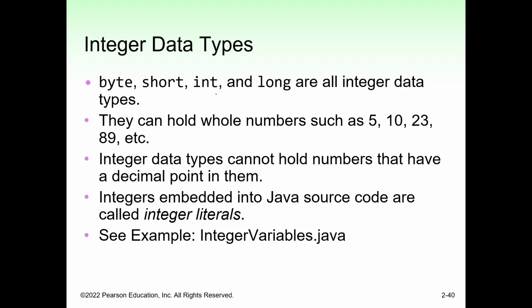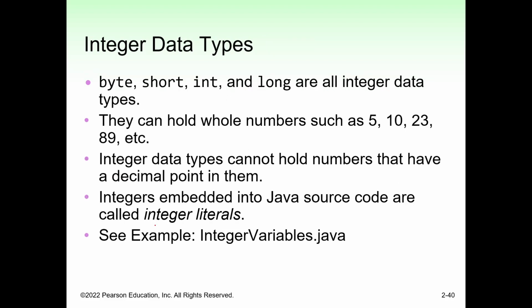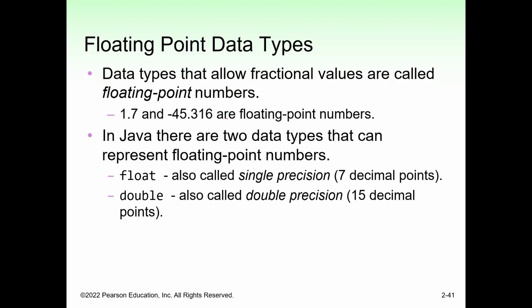They can only store whole numbers. Integers are called integer literals. And those other data types that can hold fractional values are called floating point numbers. So integer literals, floating point numbers. As you can see here, floating point numbers are just your numbers with decimals. All there is to it.